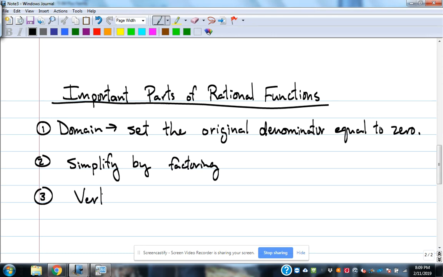We start looking for vertical asymptotes. That's an imaginary boundary.